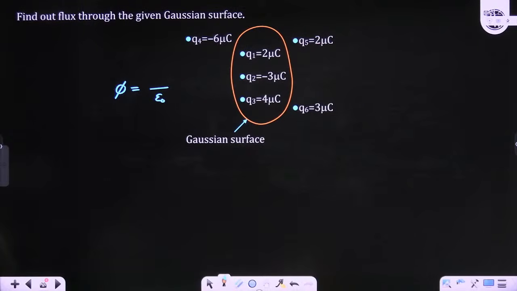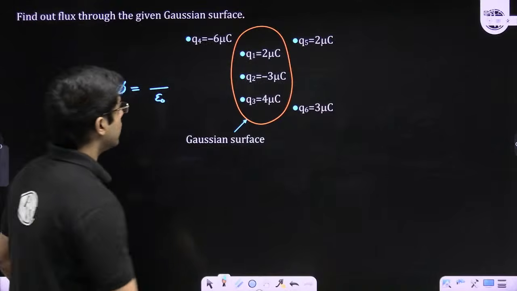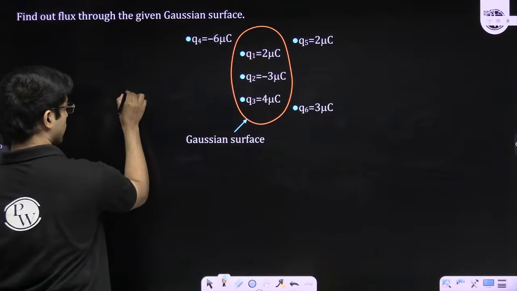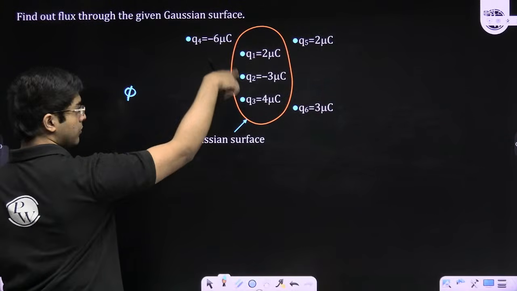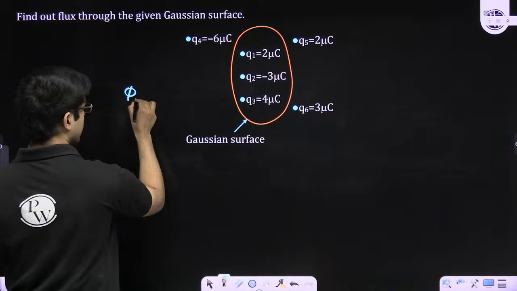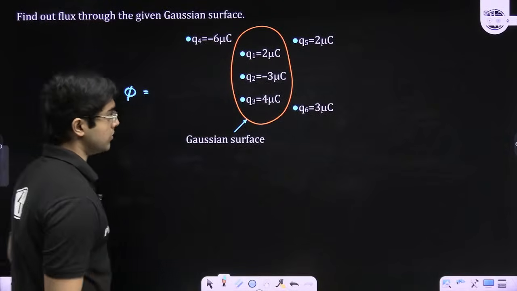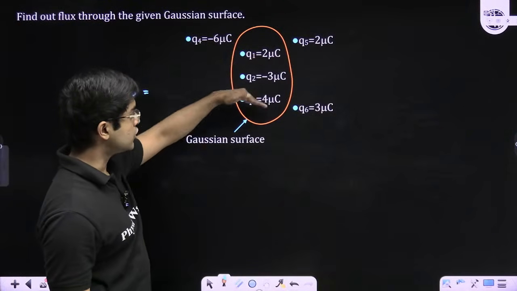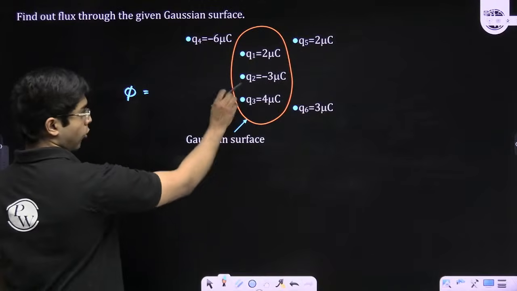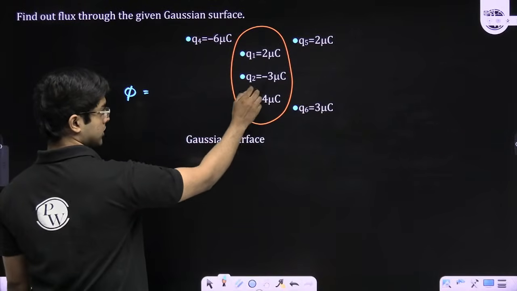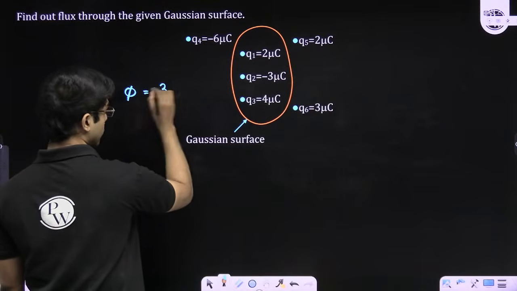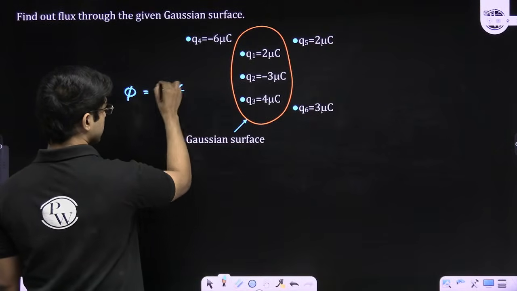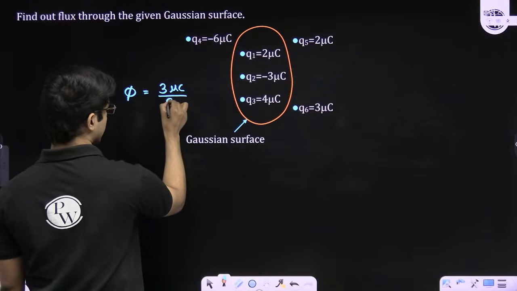So here, if I want the net flux through this Gaussian surface, even though the shape of the surface is very weird, we don't care about the shape. We only care about the charges present inside. So just add them up. 2 plus 4 is 6, 6 minus 3 is 3. So in the numerator, we have 3 microcoulomb. This is the Q enclosed divided by epsilon naught.